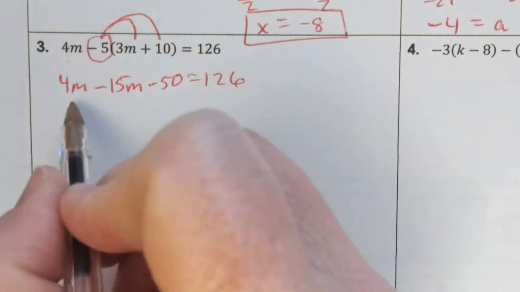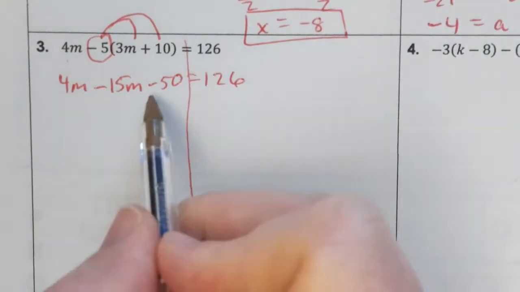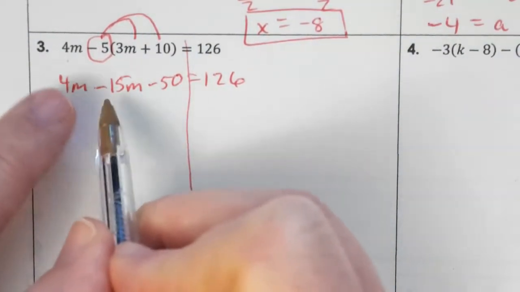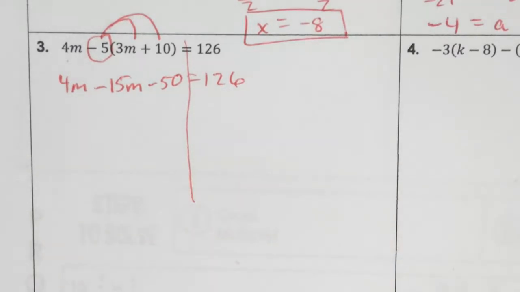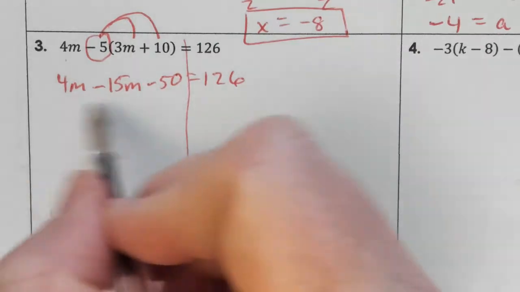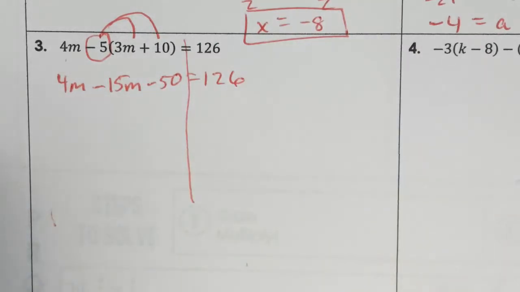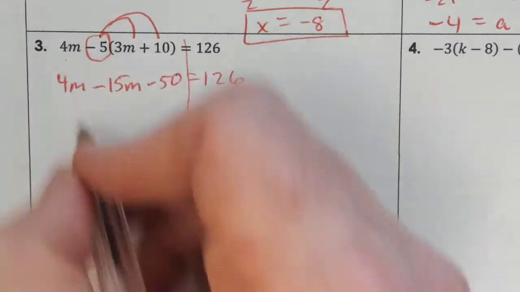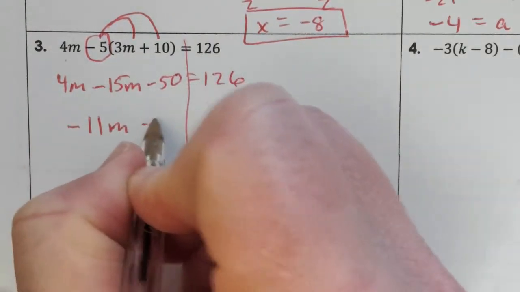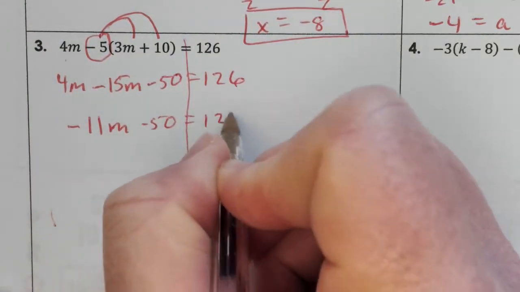Now these two m's, 4m and a negative 15m, are on the same side, so do the same operation they already said. 4 minus 15 is a negative 11m minus 50 equals 126.